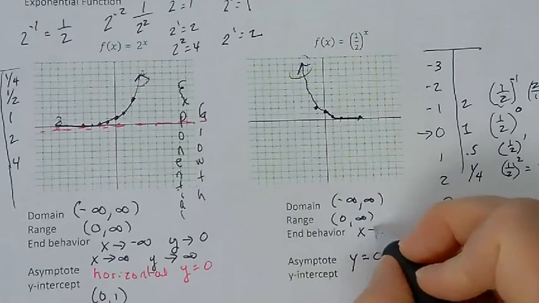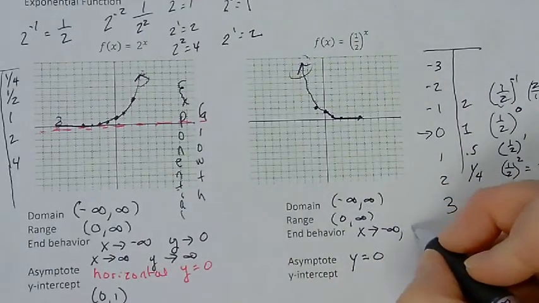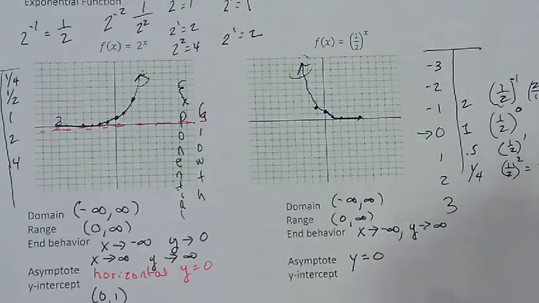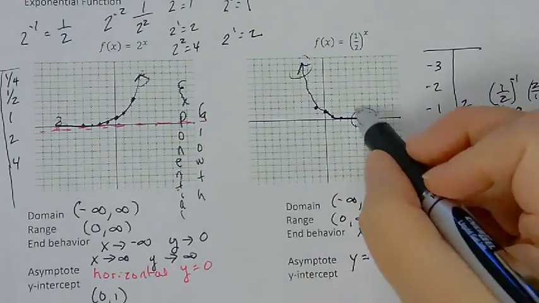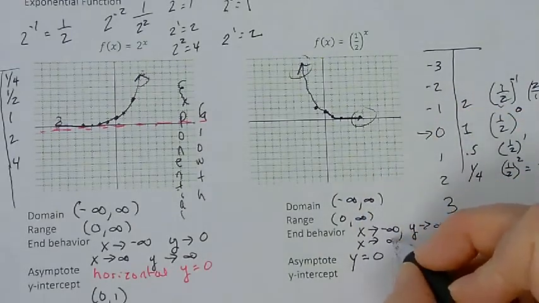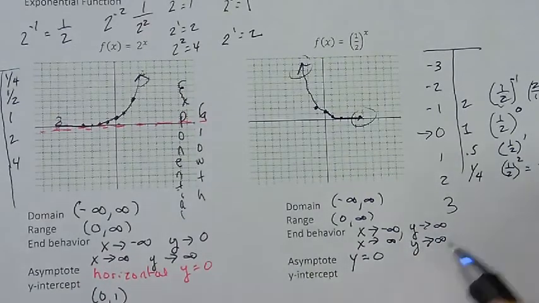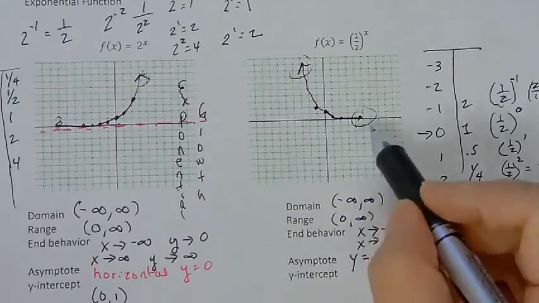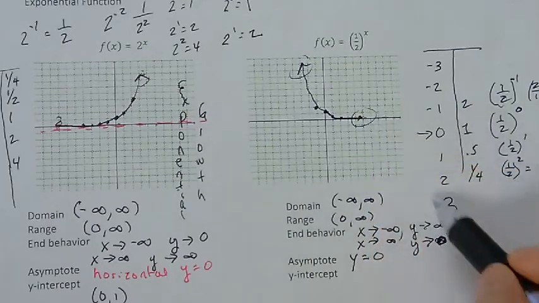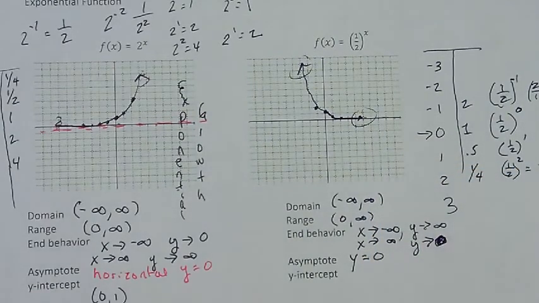As x approaches -infinity, y is going to approach infinity. This end, as x approaches infinity, y is going to approach infinity. I'm sorry, y is going to approach 0. So x is getting bigger, but y is getting closer to 0.